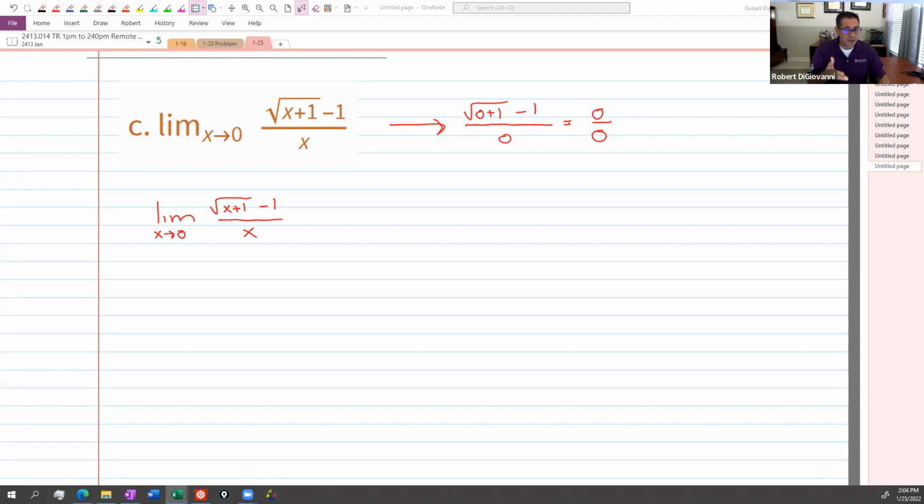Whenever you see a square root, like you see that square root there, the thing you should be thinking about is this. And again, it's not always going to work, but you want to try it. I'm going to multiply this by 1. But the one that I'm going to pick is going to be very clever. You ready? Here it is.